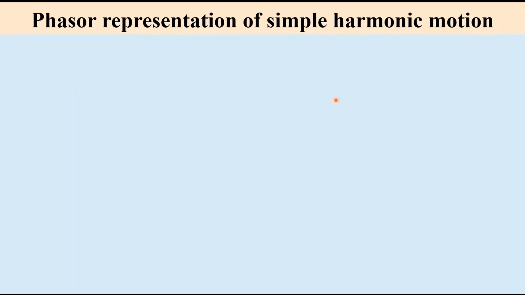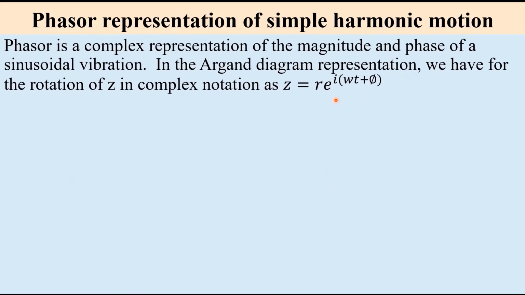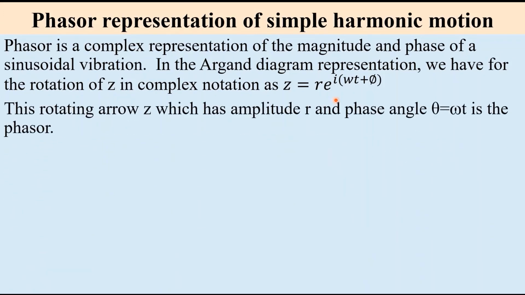So phasor is a complex representation of the magnitude and phase of a sinusoidal vibration. In the Argand diagram representation, we have for the rotation of z in complex notation z is equal to R into e to the power i omega t plus phi. This rotating arrow z, which has amplitude R and phase angle theta equal to omega t, is the phasor.